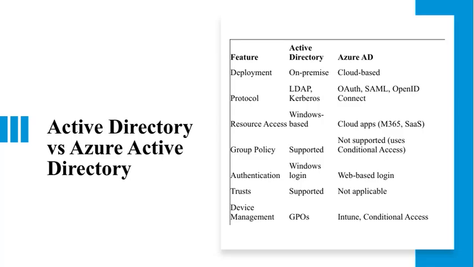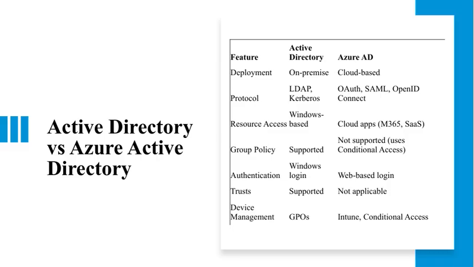Now, let's take a closer look at the differences between Active Directory and Azure Active Directory. Starting with deployment, Active Directory is traditionally on-premise, meaning it's hosted within your local network infrastructure. In contrast, Azure AD is cloud-based, which provides greater flexibility and scalability for modern organizations.